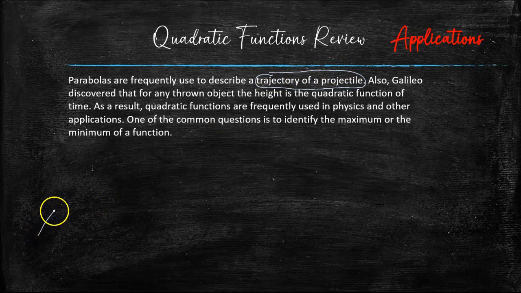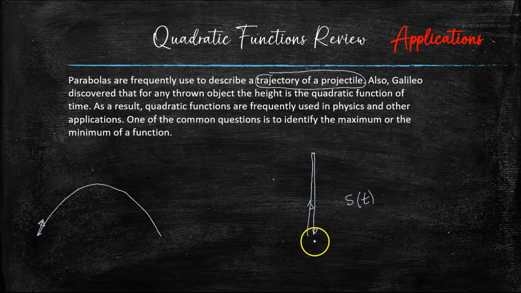Trajectory of a projectile is the path of anything that you throw at an angle upward. Now, Galileo discovered that if you just take an object and you throw it up, it will go up and down, right, naturally. So if you look at the height function, or how far this object is from the surface, this will be a quadratic function. That's what Galileo has observed, which is pretty cool.